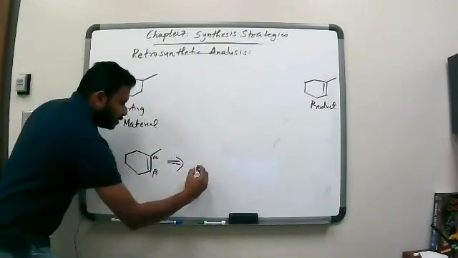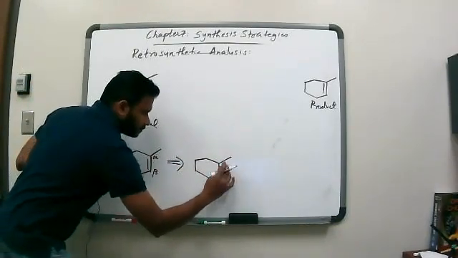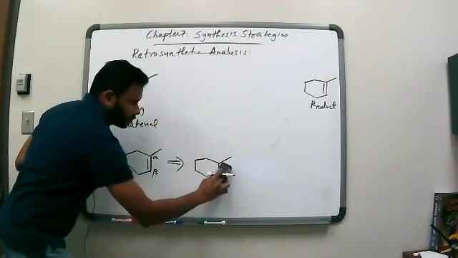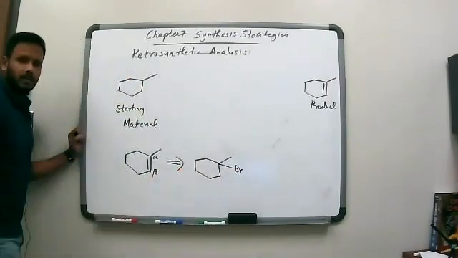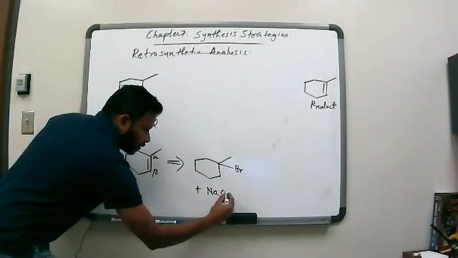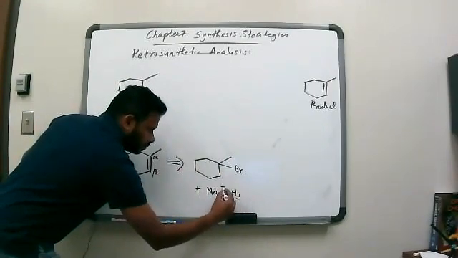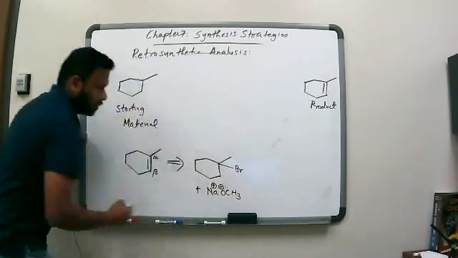This alkene here can be made from this alkyl halide along with a strong base.